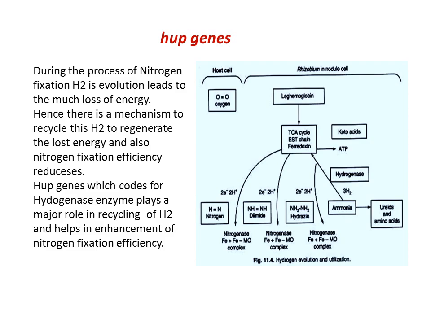Hence, the organism has genes called HUP genes, which are involved in recycling the hydrogen released as a product of the reduction of nitrogen into ammonia. That is what this image also represents. We will talk about this reduction process in my next slides.